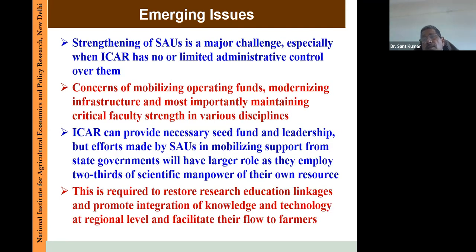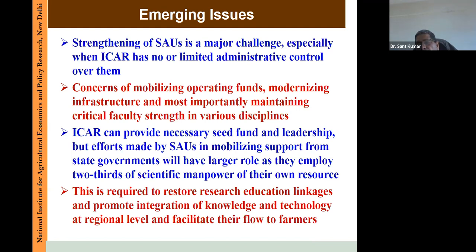So the strengthening of the SAUs is a major challenge, especially when the ICAR has no or limited administrative control over them. The concerns are mobilizing operating funds, modernizing the infrastructure, and, most importantly, maintaining the critical faculty strength in the various disciplines.